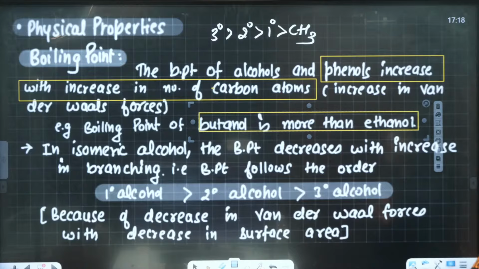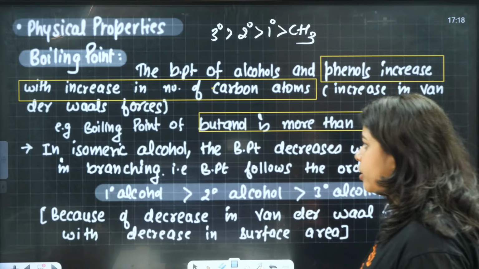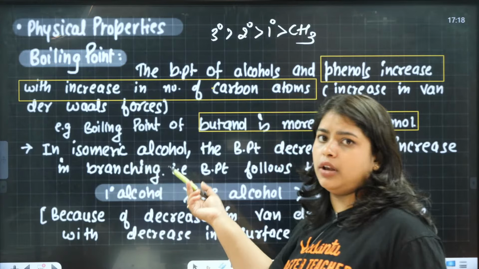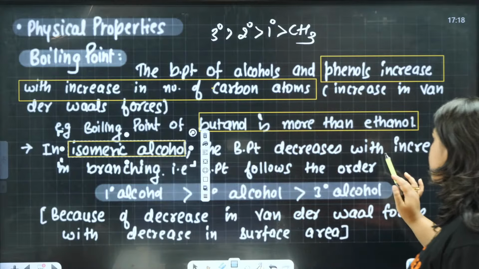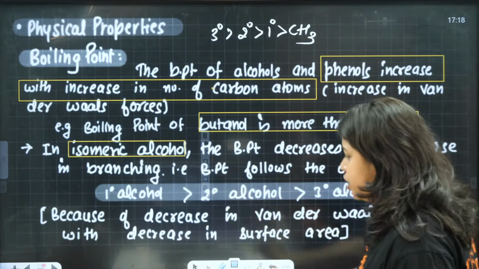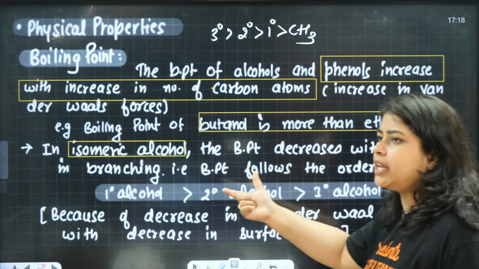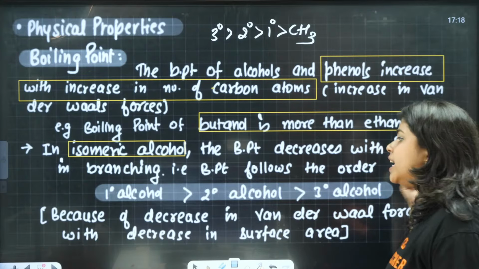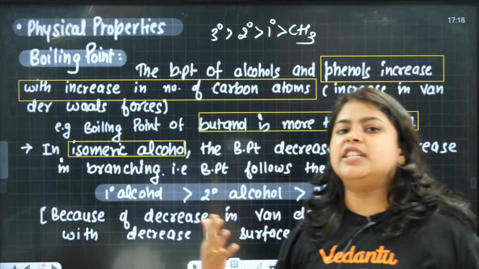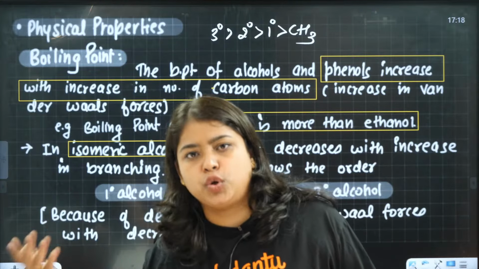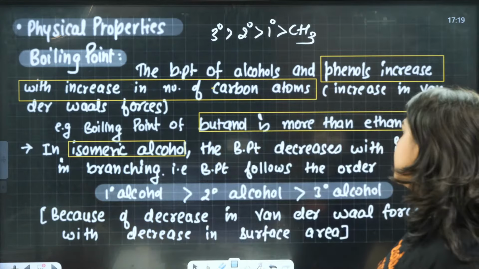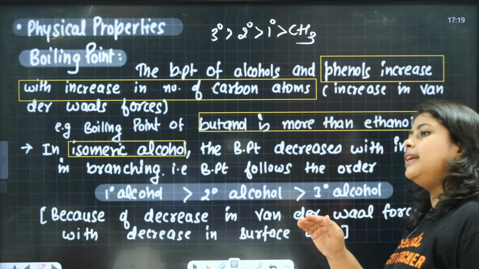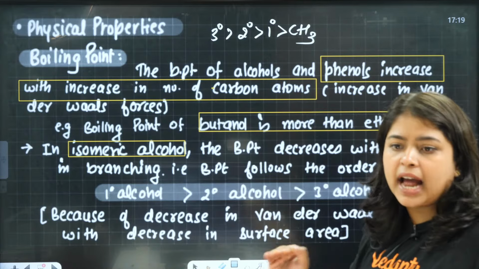So in isomeric alcohols, the boiling point decreases with increase in the branching. If in isomeric alcohols we keep increasing the branching, adding more CH3, attaching more carbon, what happens? The boiling point will start decreasing.